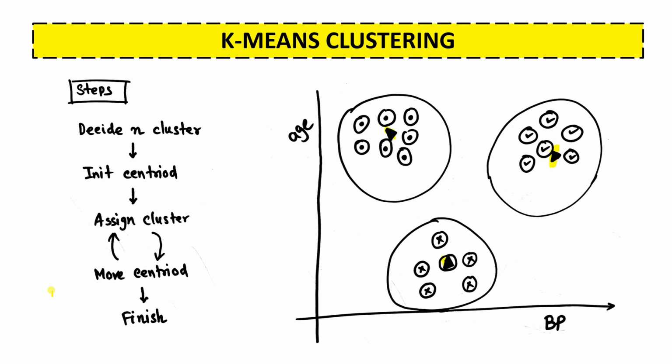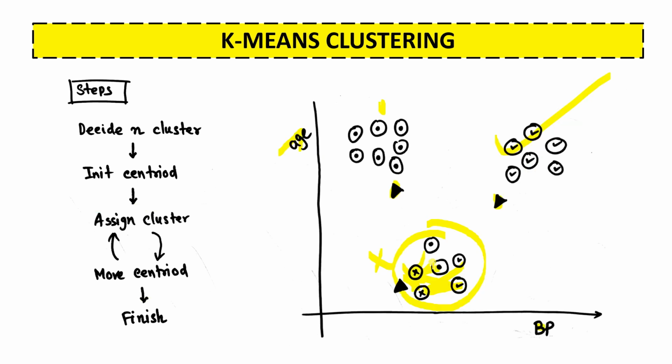This step is replacing the centroid again and again, until the new centroid matches the old centroid, and then we go to the finish. In this cluster we cannot do the calculation anymore, because we already calculated the centroid for that, and that, and that. In this one it is not recalculated, because it is near to this point and this point.